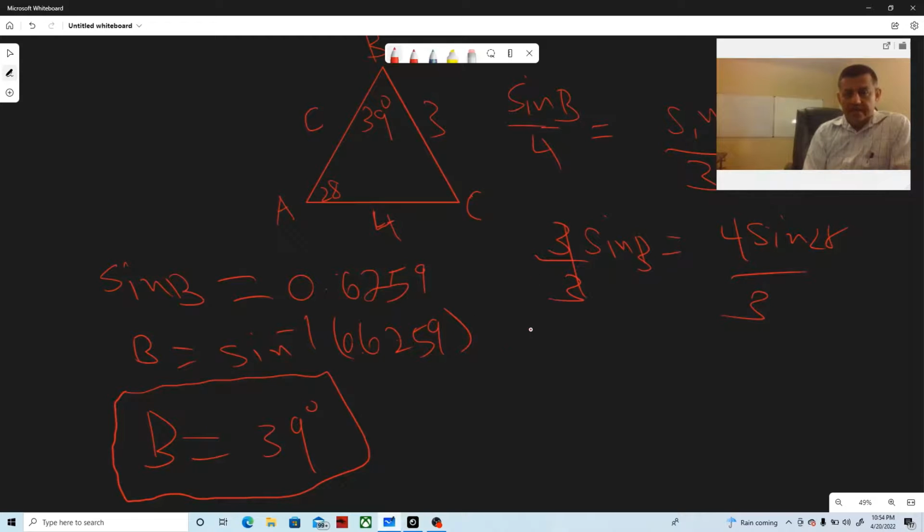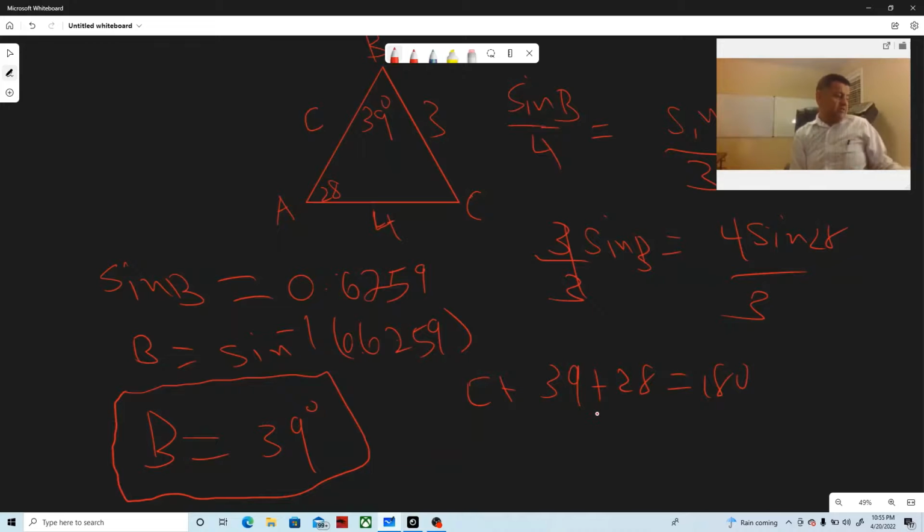Now we can find that 39 plus 28 plus angle C is equal to 180.